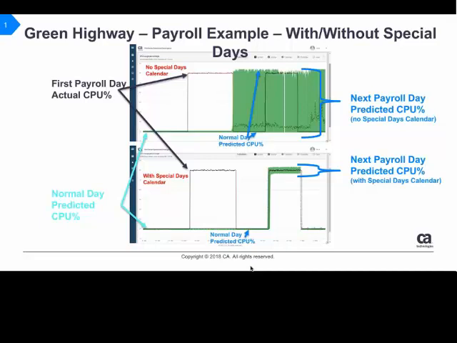But by uploading a special days calendar file that specifies the time ranges for payroll days, you can see that as soon as the payroll day ends, the prediction for CPU utilization is the same as it was before the payroll day, back around 20%. The next payroll day expects the CPU utilization to go back up to 80%. Let's go to the next slide and look at our last example.